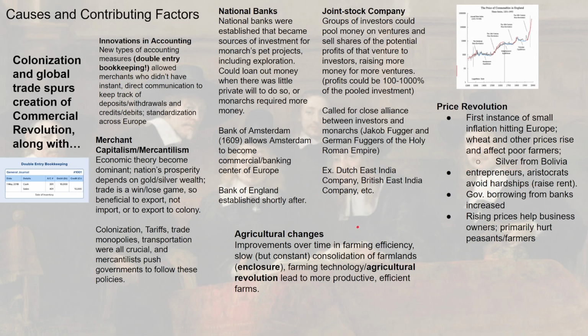And just like today, as we saw when the COVID pandemic first began, when lots of money goes out into economic systems, that causes inflation. And this really hit Europe very intensely, not just in Spain, but throughout Europe.